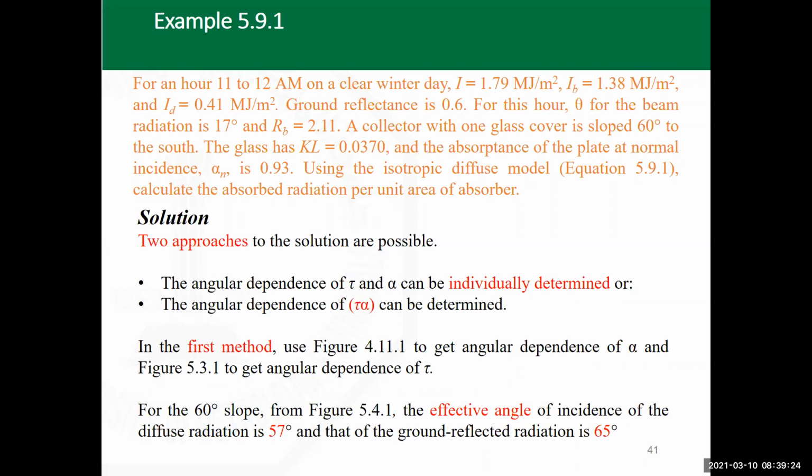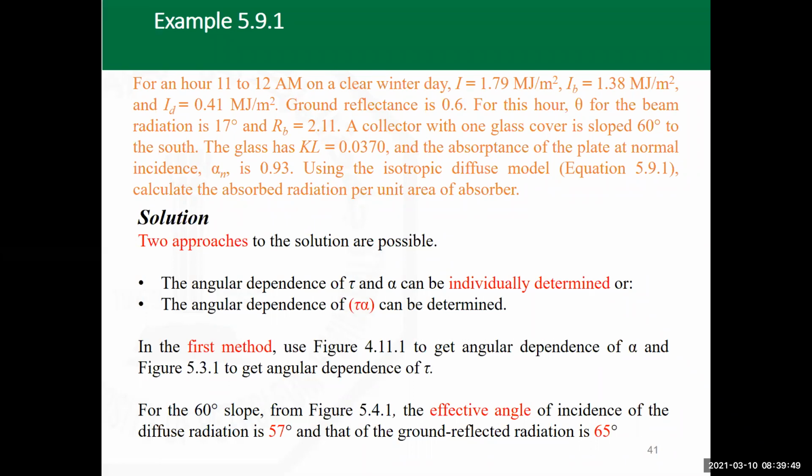For this hour, theta for the beam radiation is 17 degrees. RB is 2.11. A collector with one glass cover has a slope of 60 degrees and is facing south. The glass has an extinction coefficient KL of 0.037.